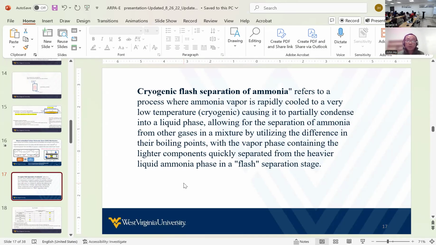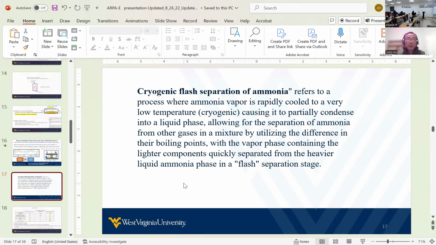Typically, people use liquid nitrogen to chill the gas phase, because the ammonia is in the gas phase. When you chill the vapor, ammonia condenses, but you will never condense the nitrogen and hydrogen because that takes a much lower temperature.